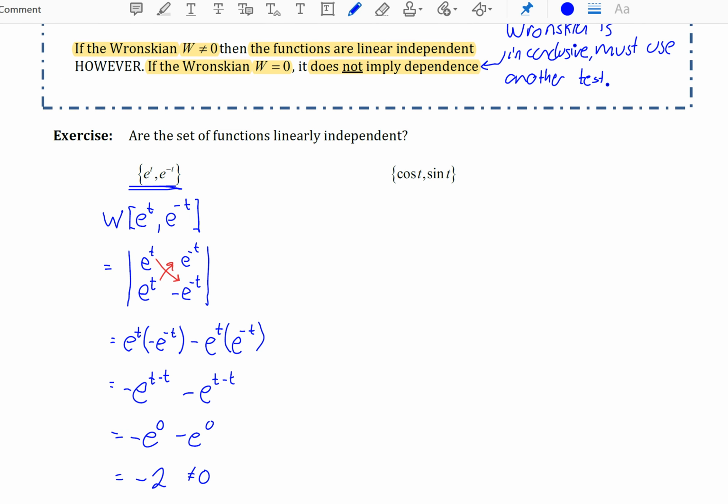Another way would be to let v1 equal the function e to the t, and v2 equal e to the negative t. Notice that v2 is never some multiple of v1 for any c. E to the negative t is not a constant multiple of e to the t. That tells me that they are linearly independent.